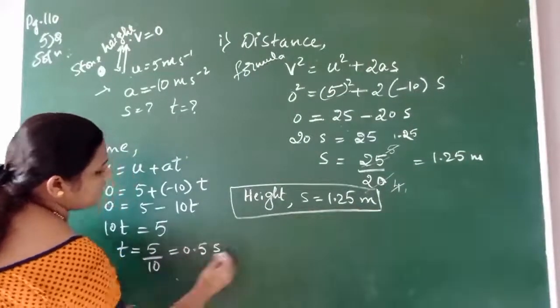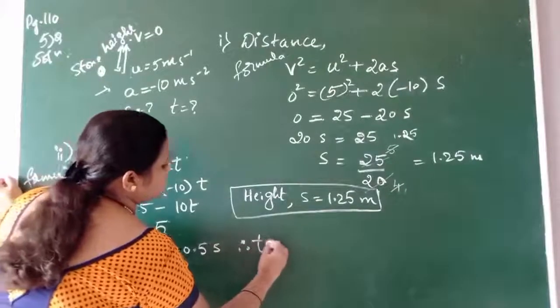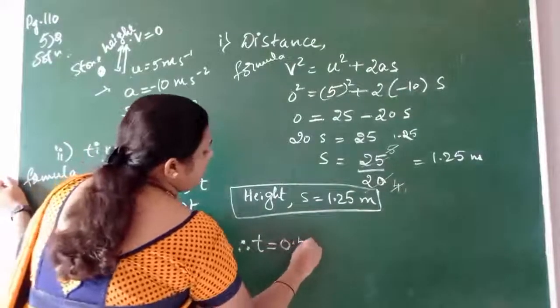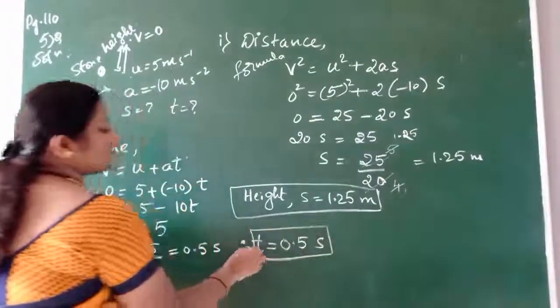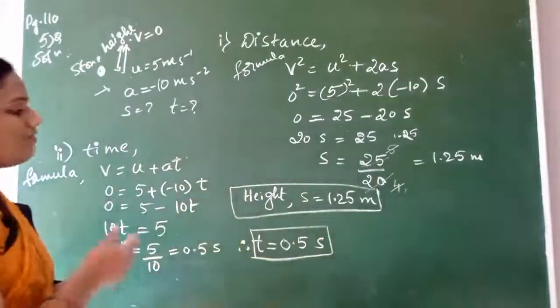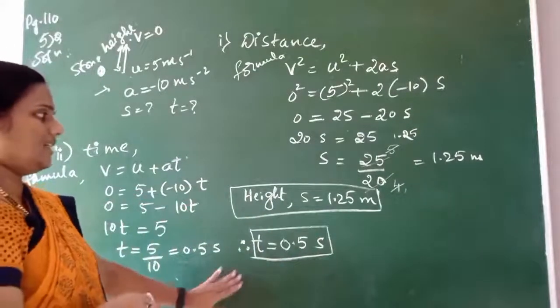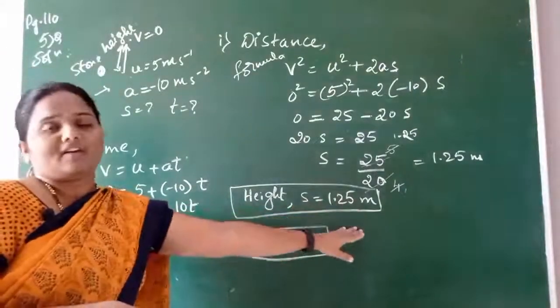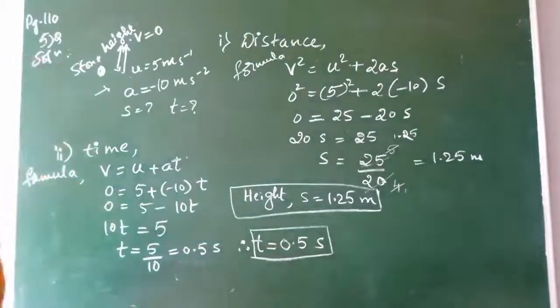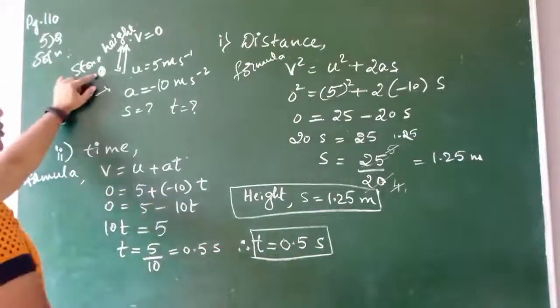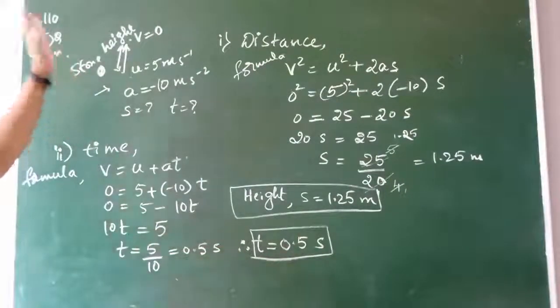Therefore, what is the time value, children? T is equal to 0.5 seconds. So, how much time has it taken, children? In 0.5 seconds it has reached 1.25 meters of height. Is it clear? Okay, once again I will explain, children. Here in the question, a stone is moving vertically upwards.